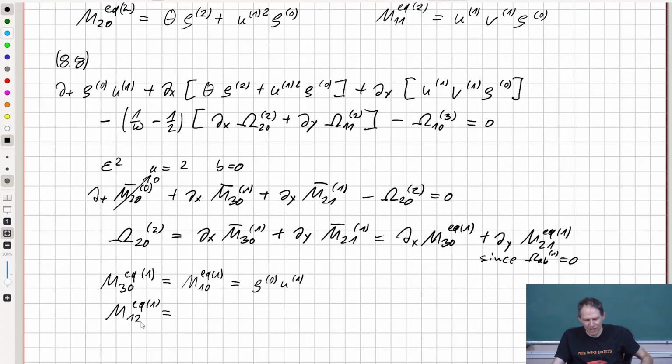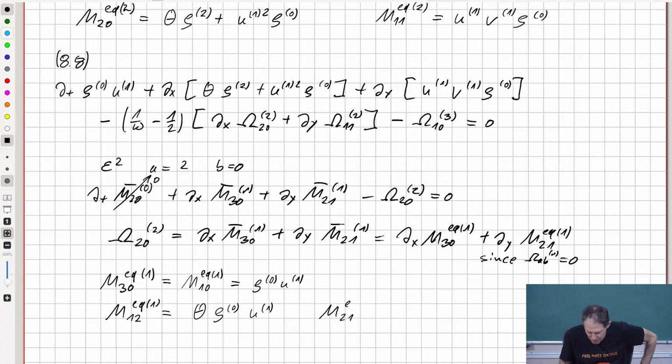Actually, we had this equilibrium up here, right? So we have a u square in it, and we have theta times rho. Yeah, but here we have theta times rho 2. Here this can only mean theta times rho to the 0 order and u to the first order.